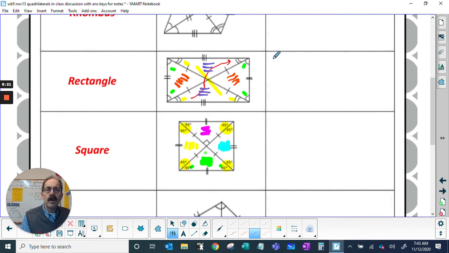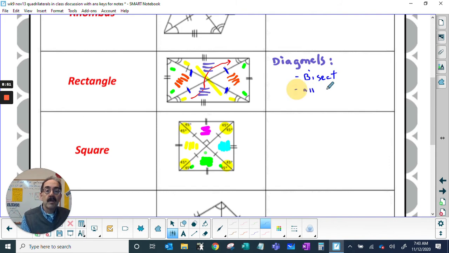Okay, so what are the characteristics of the diagonals in a rectangle? Okay, they bisect each other. Okay, so this is congruent to this. I think actually they're all equal, aren't they?